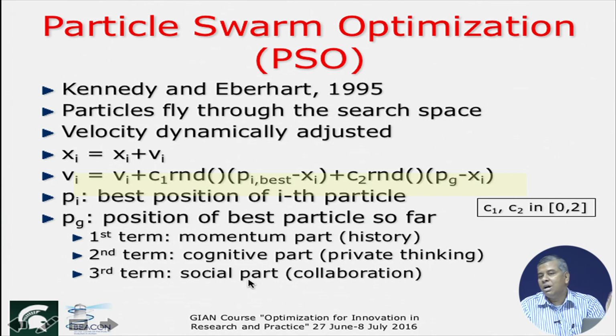So individually you correct your current position, and when you go to the next position, everybody's position is corrected. Then you correct again and again, and like that, starting from one initial configuration, you are moving towards your best point in the sky. In case of an n-dimensional problem, you will be moving towards the optima.